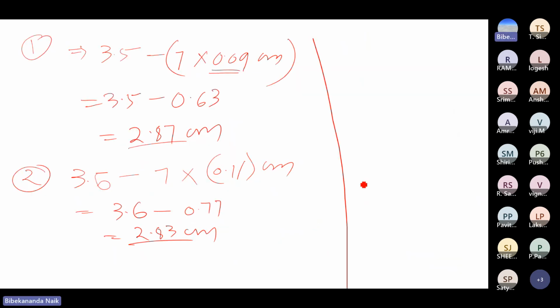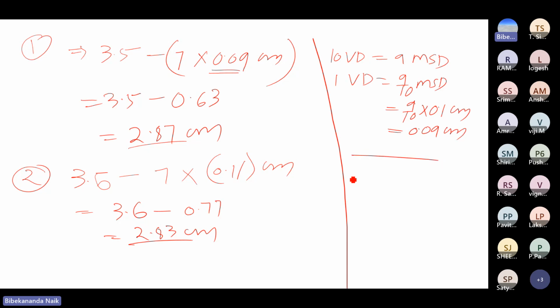So for the first case, 10 vernier divisions correspond to 9 main scale divisions. So one vernier division will be 9 by 10 main scale division. So 9 by 10 into the main scale division, which is 0.1 centimeter, will be 0.09 centimeter.